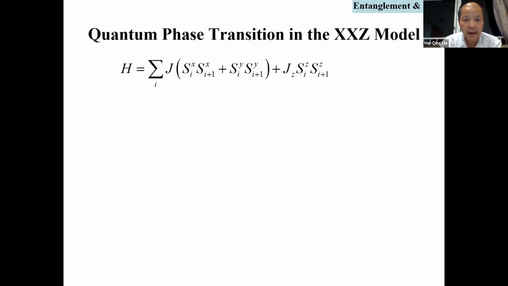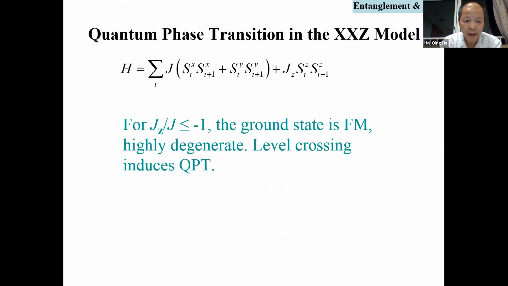It is known that when J_Z is very negative, the ground state is ferromagnetic and highly degenerate, and the quantum phase transition is induced by this ground state level crossing.